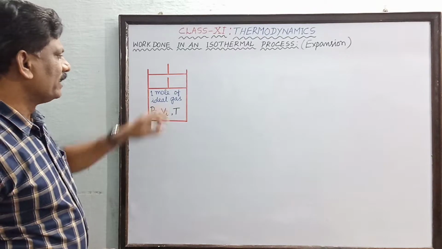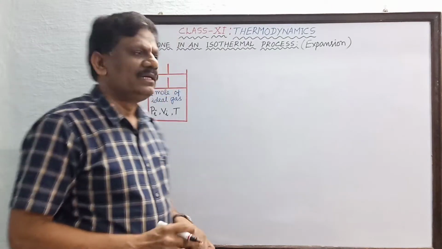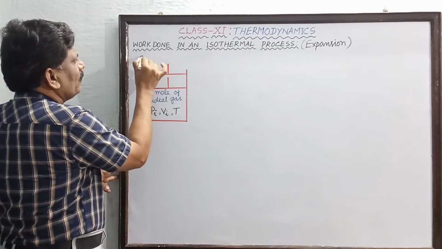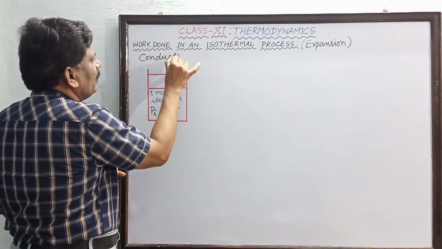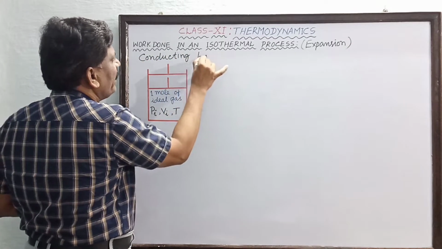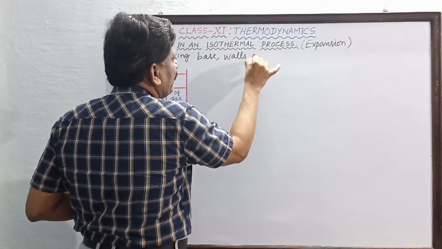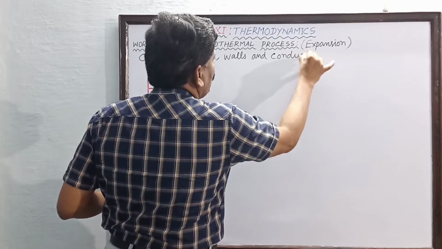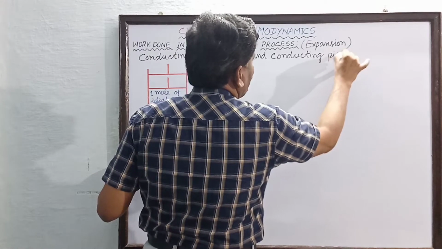So I have taken 1 mole of an ideal gas inside a cylinder which is provided with a conducting bottom, conducting base, conducting walls and conducting piston. So all these are made up of conducting materials.